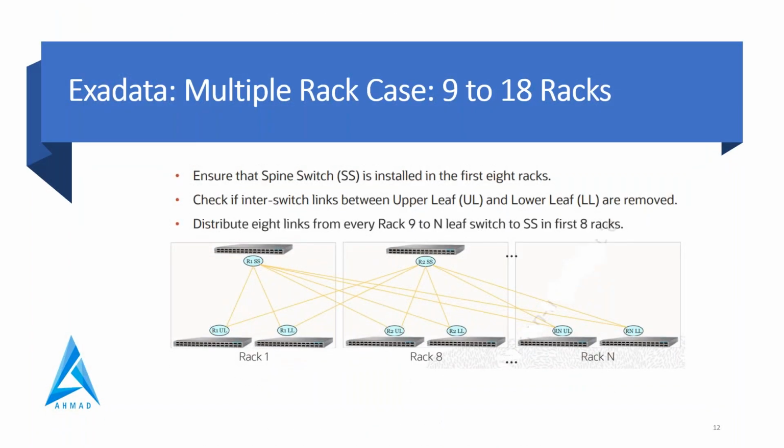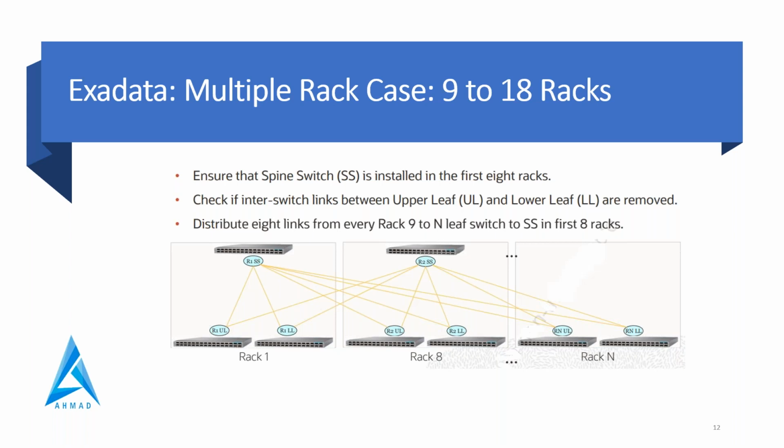Now multiple rack case, 9 to 18 racks. So what will happen in that? To interconnect between 9 and 18 racks, start by connecting the first 8 racks, which we described in the previous slide, and then on each rack from 9 through 18, remove the 7 inter-switch connections between the leaf switches.